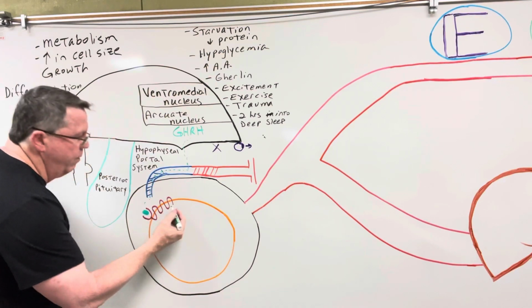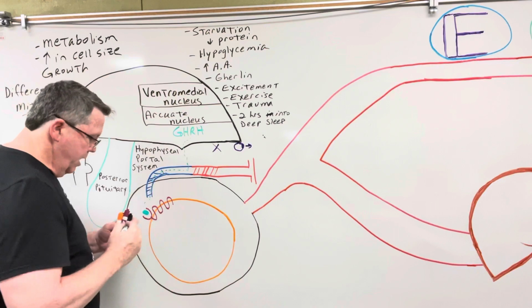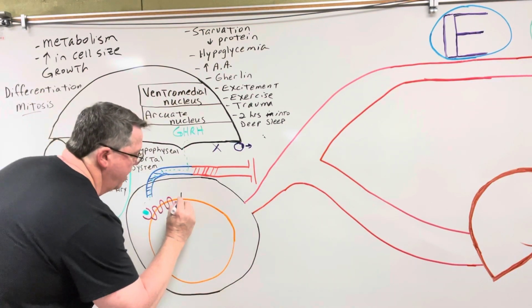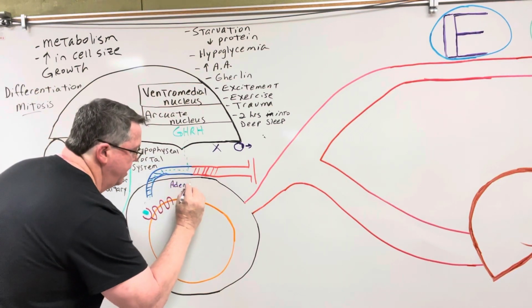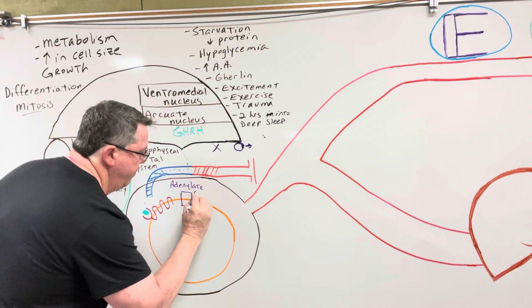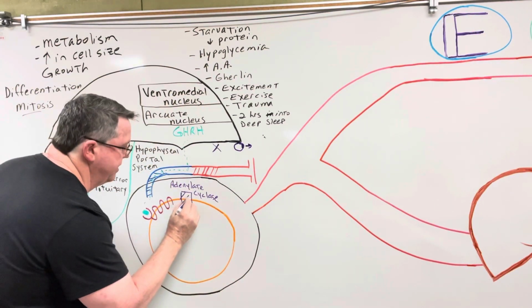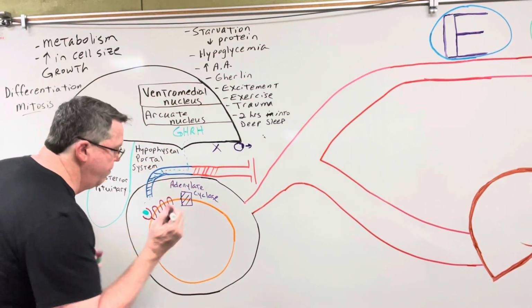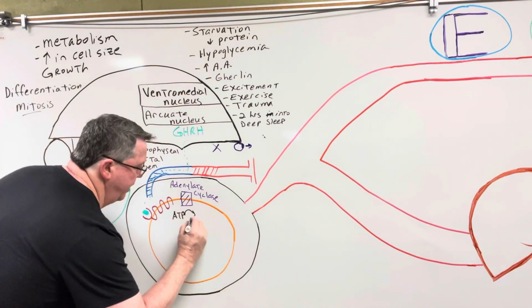Now, if you recall, then what's going to happen is I have something called a GS protein, G-stimulating protein. The G-stimulating protein is going to come over, and it is going to activate something called adenylate cyclase.